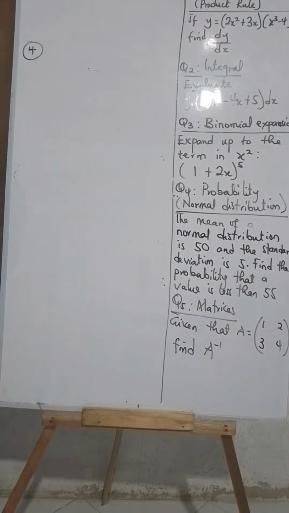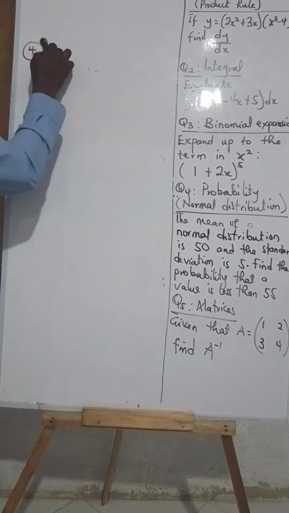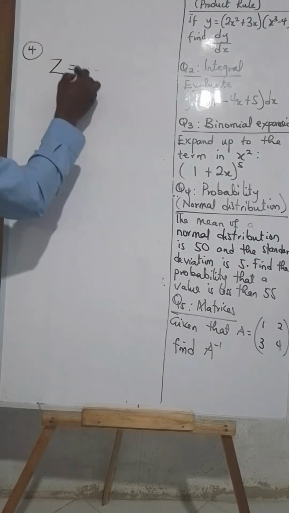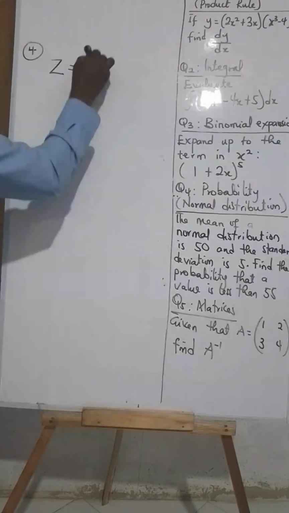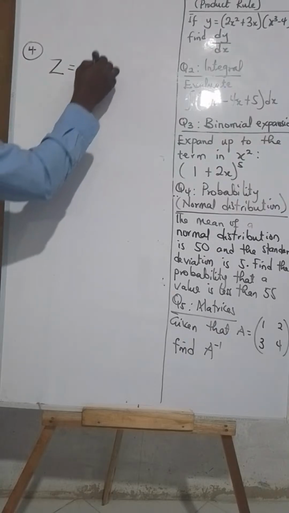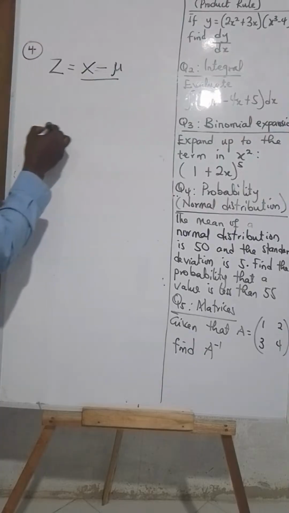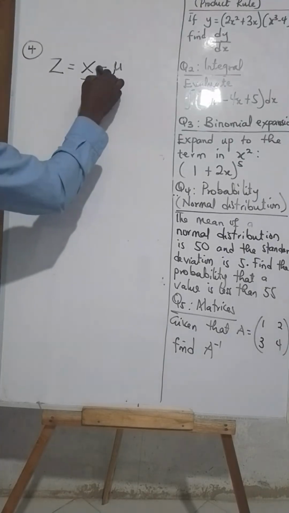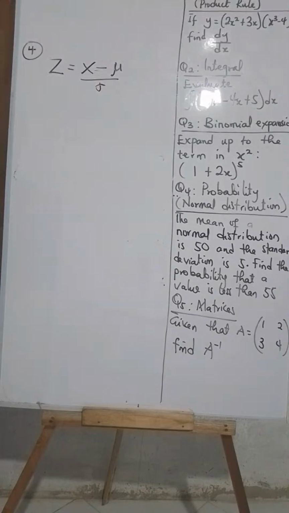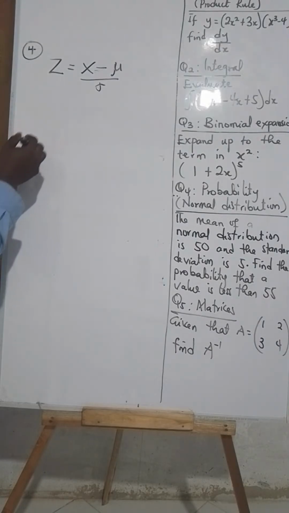Right, so we have z to be x minus the mean of the normal distribution on the standard deviation.